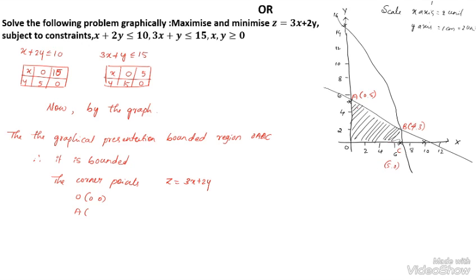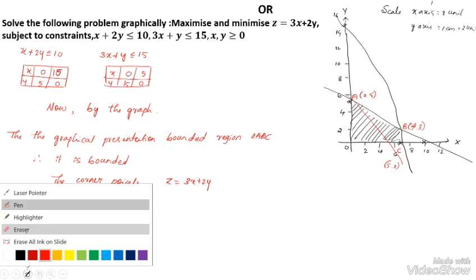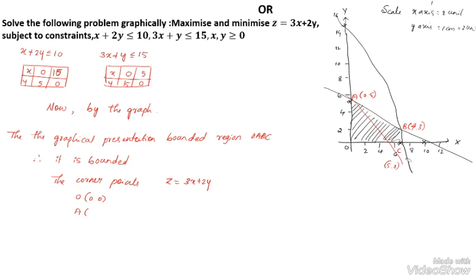Okay. So here the graph is taken here. The graphical representation shows here that the line cuts here, that is 4 comma 3.